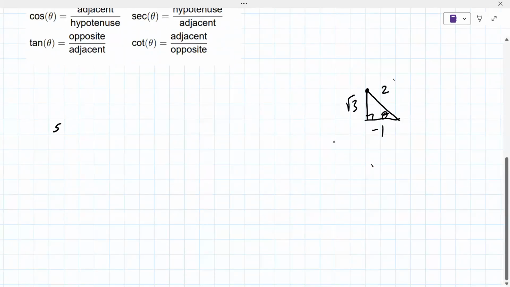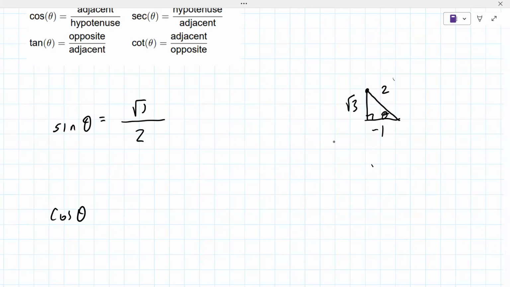The sine of theta is opposite over hypotenuse. What would that be in this case here? It would be √3/2. So yes, √3/2.